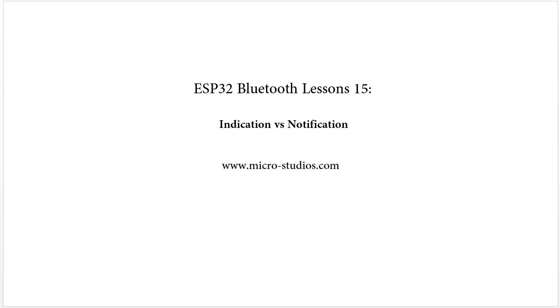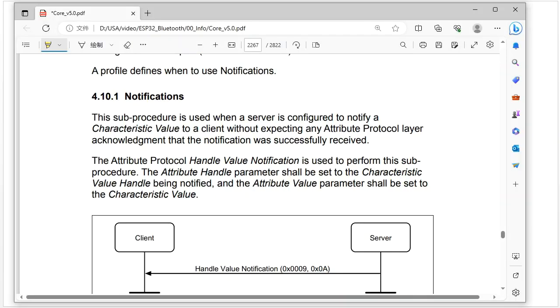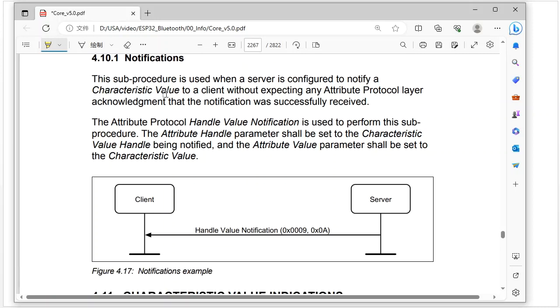Next, let's take a look at the protocol, how it defines the notification and indication. First, the notification. For the notification, the server sends the notification to the client and there is no need for acknowledgement.